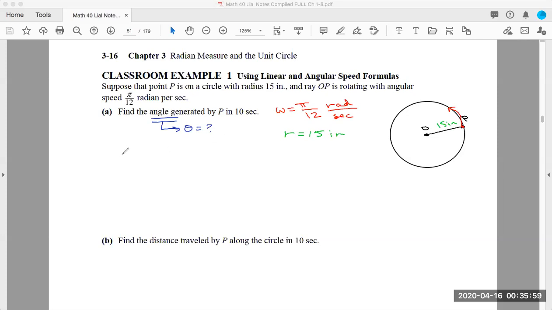So essentially when I'm doing this, I'm thinking, okay, I have omega. Theta over time.